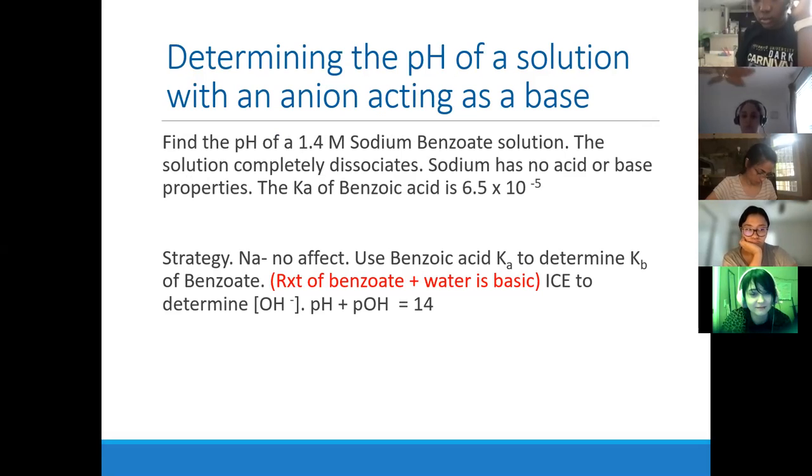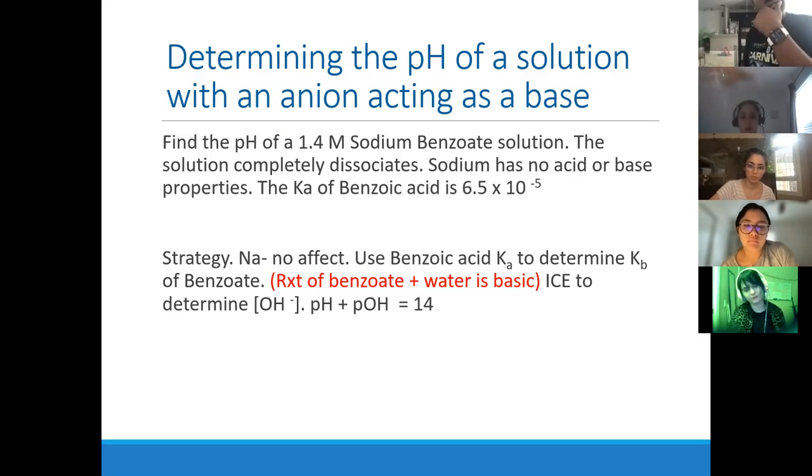Benzoate is a conjugate base, so it's going to have basic properties. Can I use a Ka with a conjugate base? You cannot.